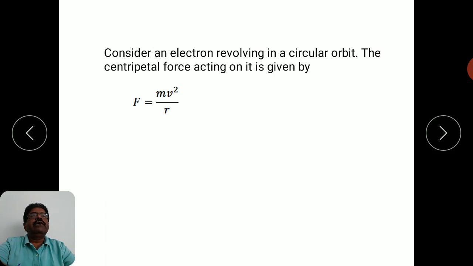Now let us consider an electron moving in a circular orbit. According to Bohr's theory, we have seen that the centripetal force is acting on it, and it is given by F is equal to m v square upon r, where m is the mass of the electron, r is the radius of the orbit, and v is the velocity.